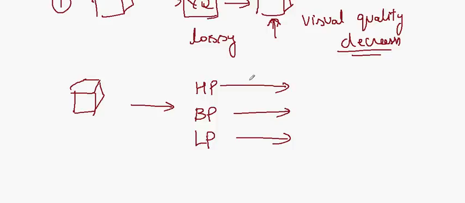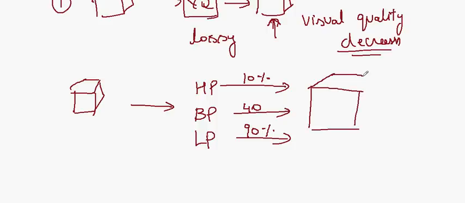Like high pass frequency, I compress them at 10%, band pass frequency, I compress them at maybe 40%, and low pass frequency I compress them at 90%. So by doing this, what I achieve is better visual quality.